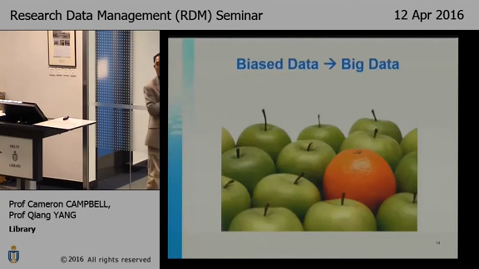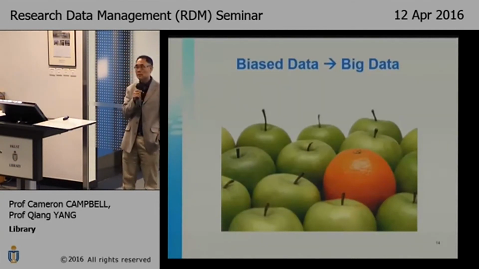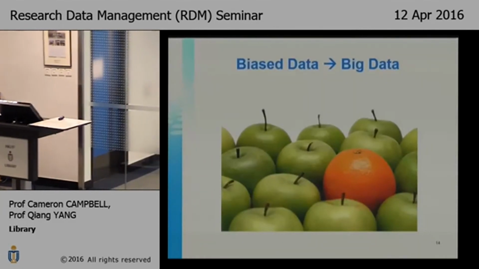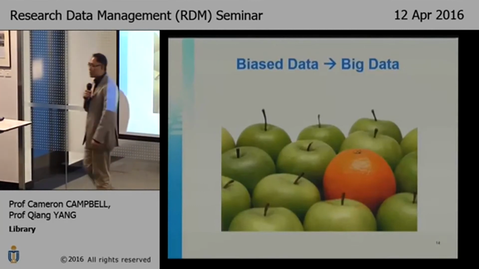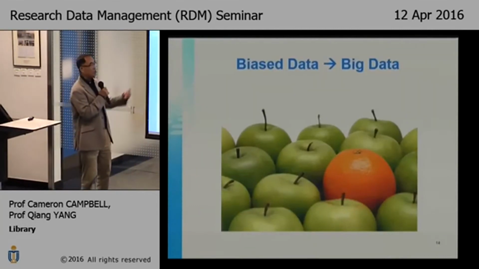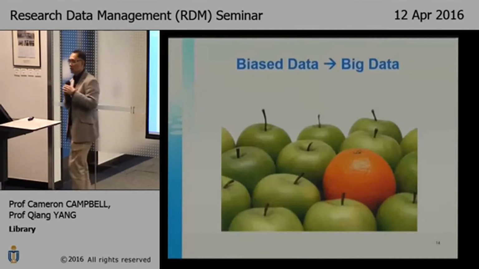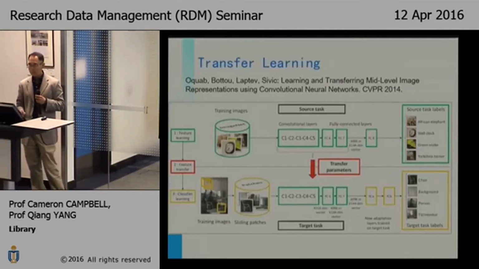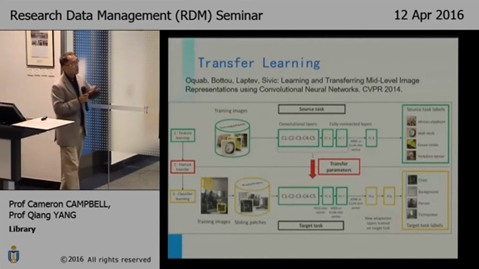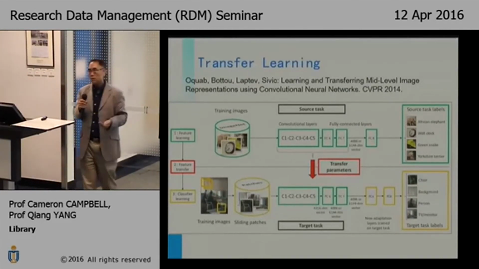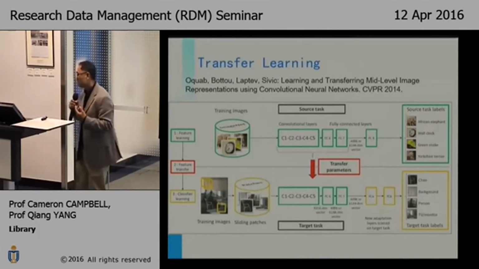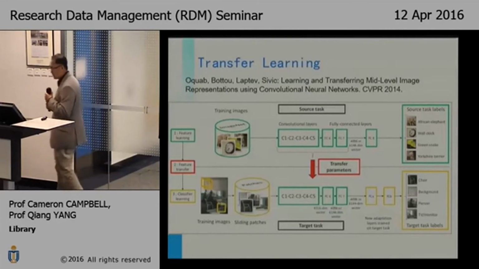If you have taken a statistics course, then this image should be familiar. If you want to build a model to recognize fruits, the best model here probably says everything is an apple. But here you are wrong. In the future, say in the application stage, your model can be wrong if all you encounter are oranges. Now, having said all that, let me tell you something that's going on in AI to further highlight the importance of data.